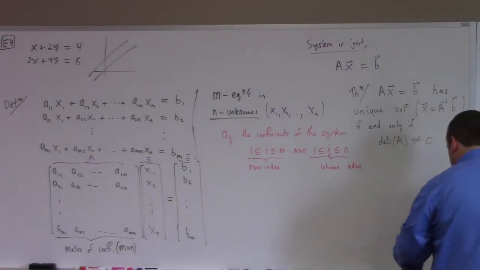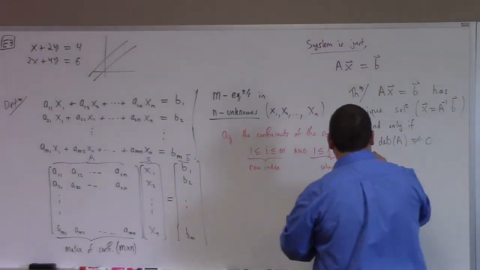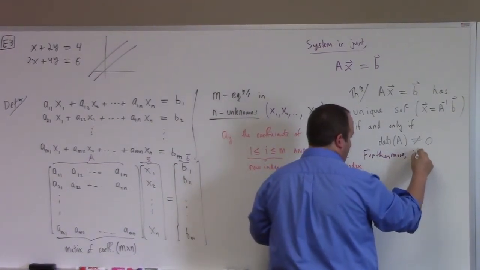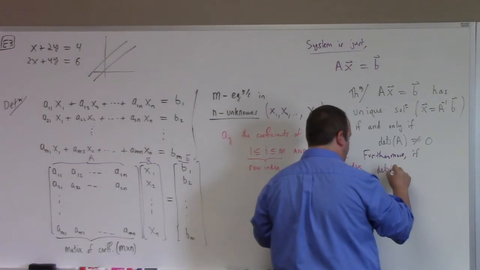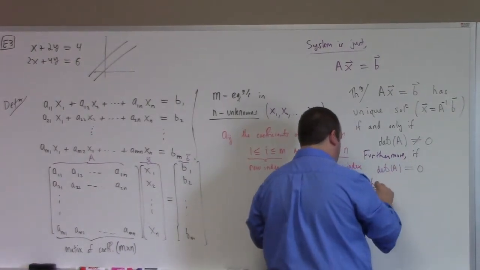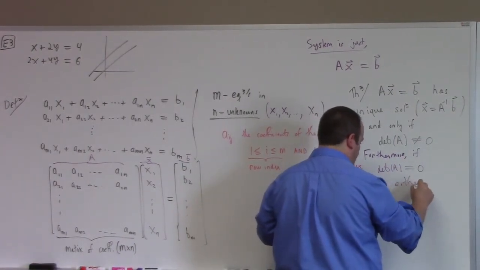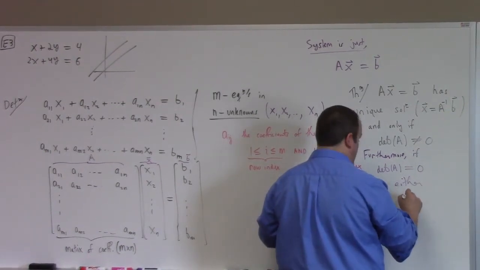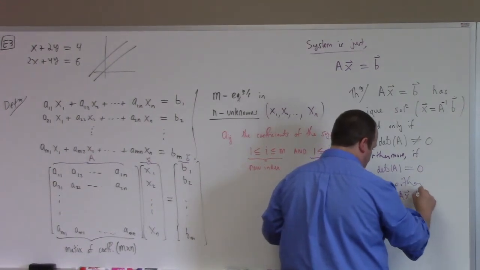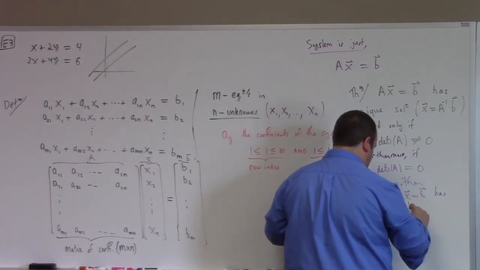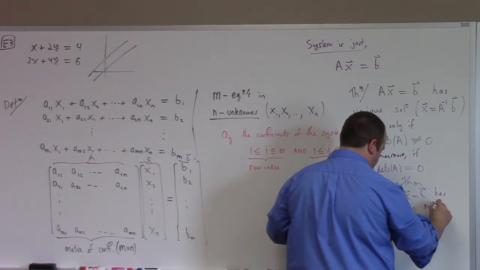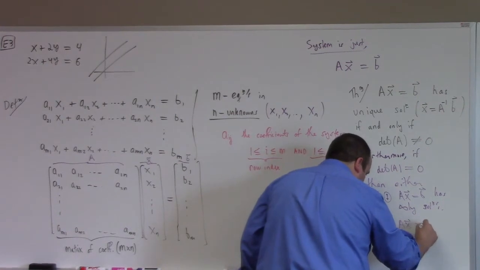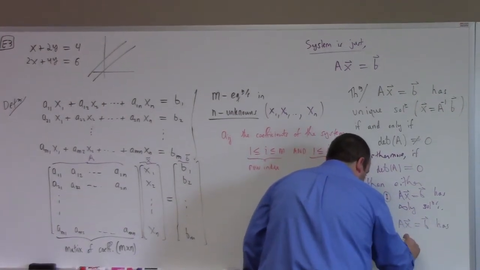Furthermore, if the determinant of A is equal to 0, then either one, Ax equals b has infinitely many solutions, or two, Ax equals b has no solutions.